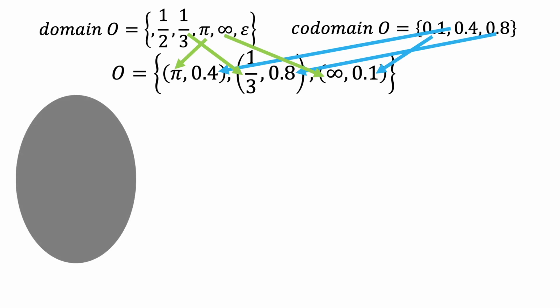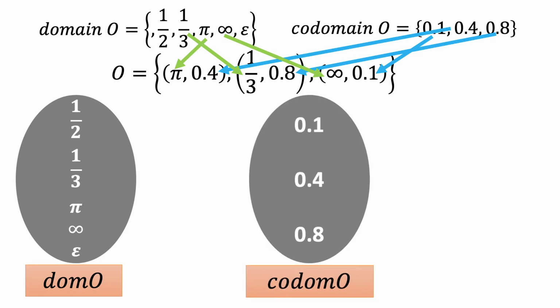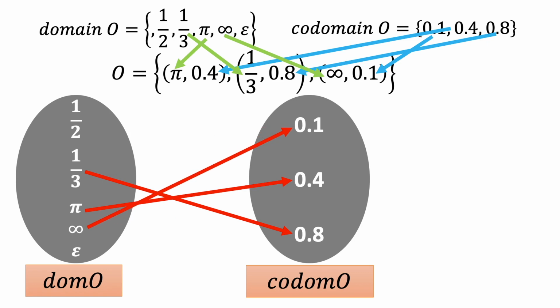Let's put the elements of the domain O in an ellipse and label it as domain O. Then, all elements of codomain O will be put in a separate ellipse and we will label it as codomain O. From the given ordered pairs of set O, I know that pi is mapped to 0.4, 1/3 is mapped to 0.8, and infinity is mapped to 0.1.